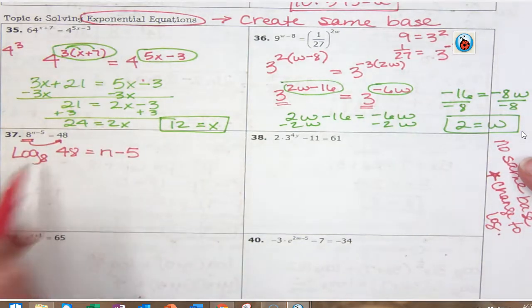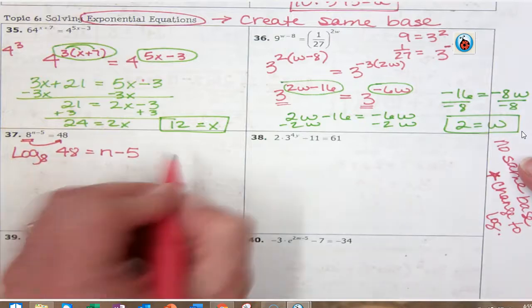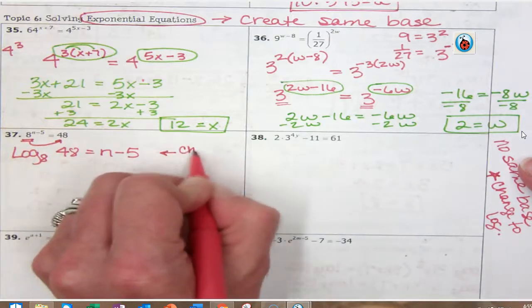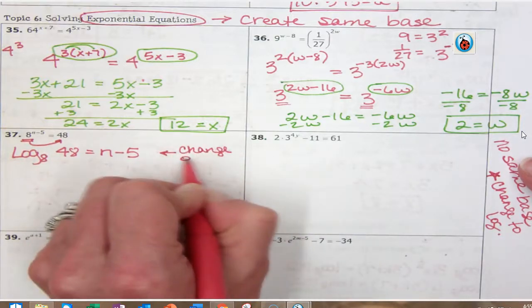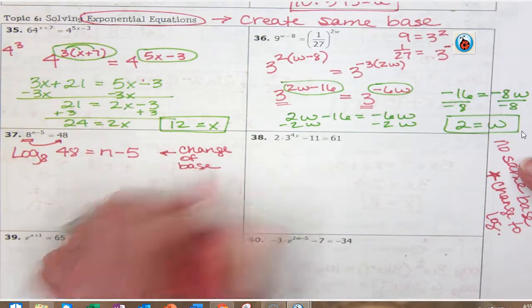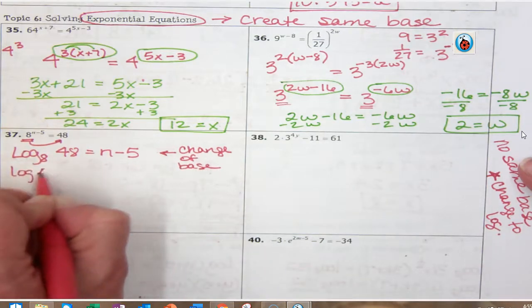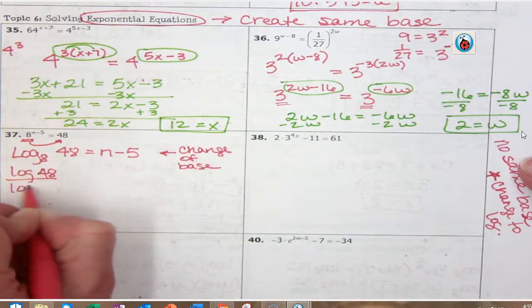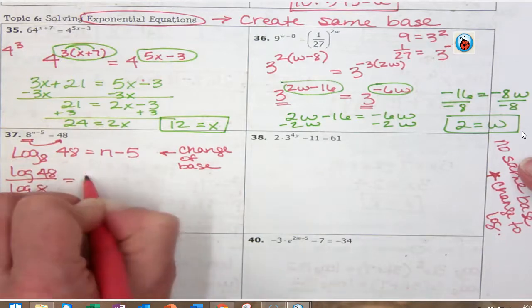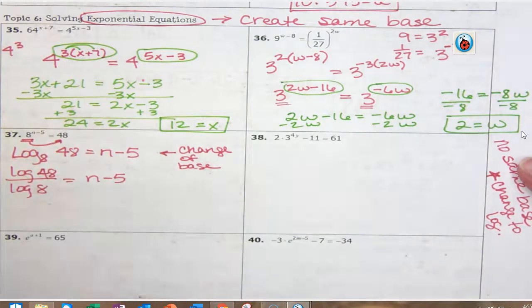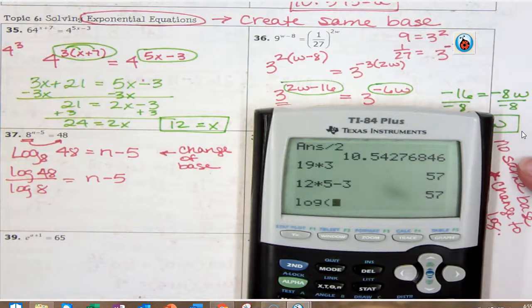Now I've got the log base 8 of a number. I'm going to use my change of base. So I do my log of 48 divided by log of 8 equals n minus 5. Plug that into my calculator.